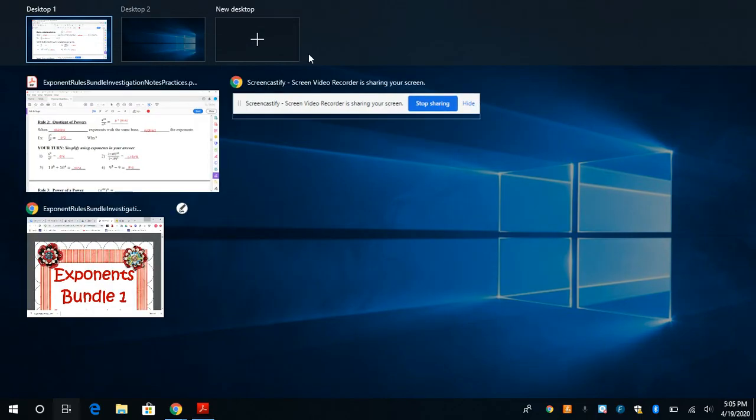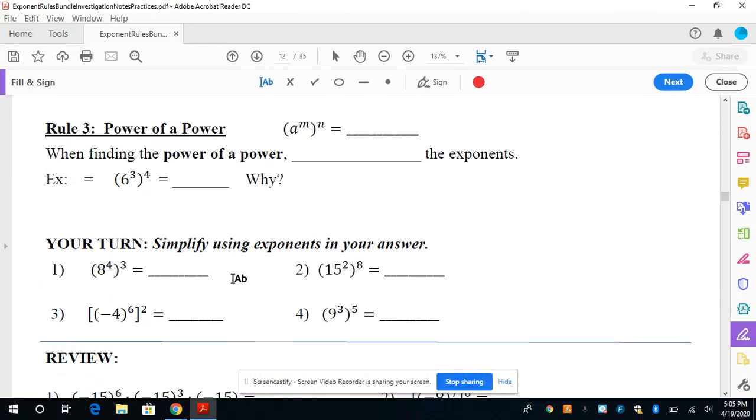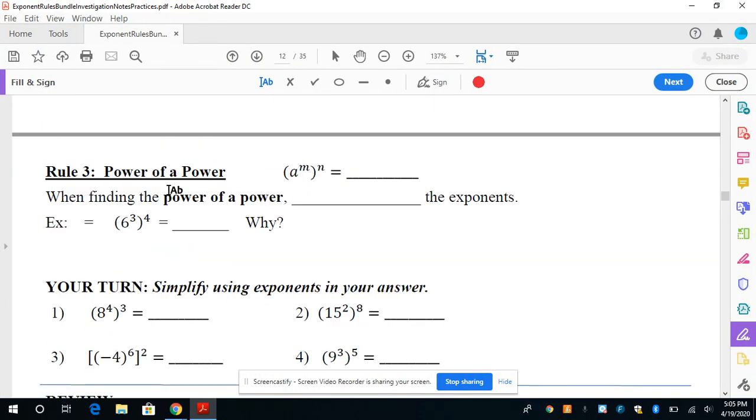All right, and the last rule we're going to go over, which is one I've seen a lot of mistakes on, is when you have a power of a power. When finding the power of a power, you have to multiply the exponents. So a power to a power means you have a base of a, and it's to the mth power.